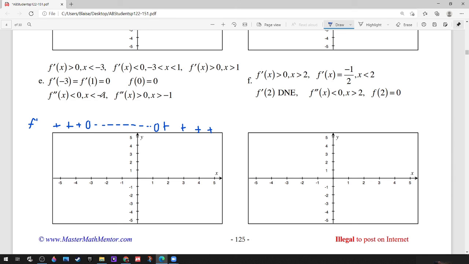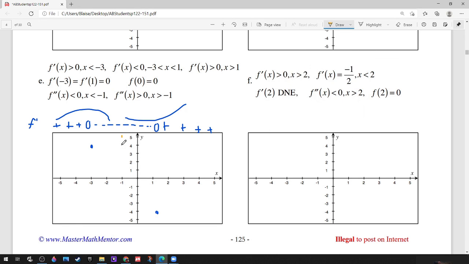And then we go concave down before negative 1, frowny face. And then after negative 1, we got a happy face. Okay, so I got a maximum at -3, I got a minimum at 1, and our transition is at -1.